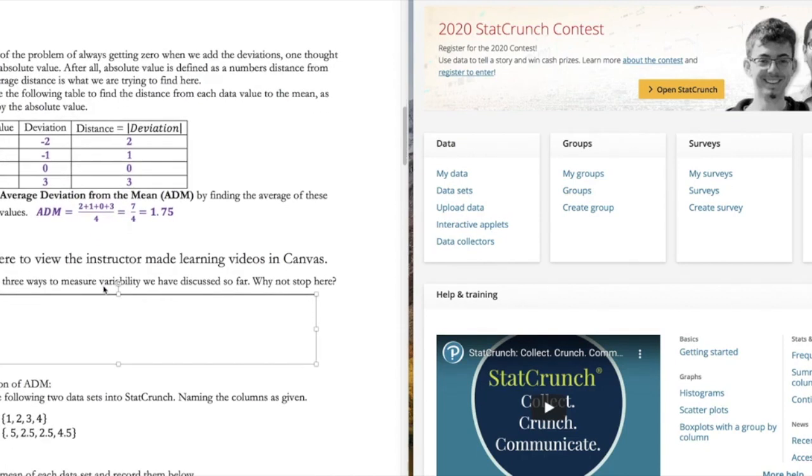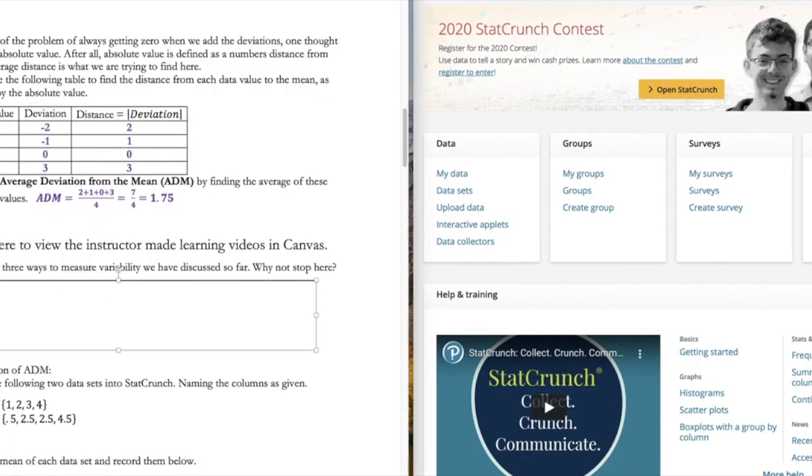At this point, that means that we've got 3 different ways to measure variability. We started off taking a look at the range of all the data. That gave us the complete distance from beginning to end. We did maximum minus minimum to get the range.